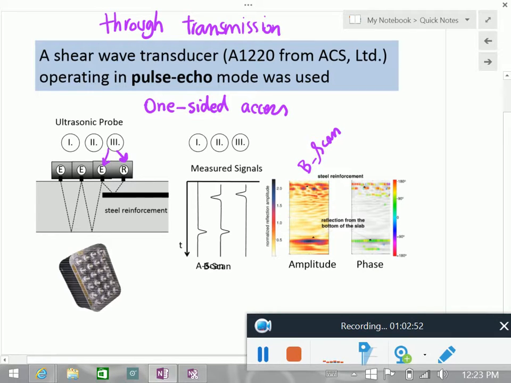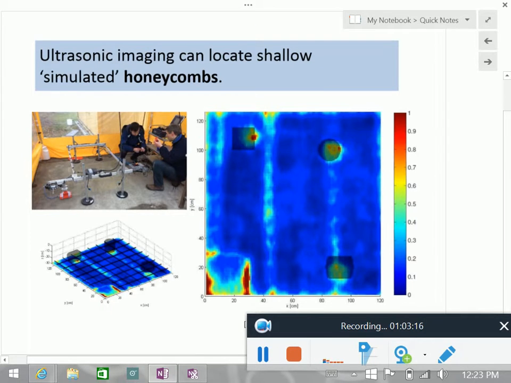Now, if we know what the thickness is, you can also calculate the velocity. It's easy. You know what the path is. If you know the thickness, you know where your sender and receivers are, you can get the velocity. What we did for this honeycomb project was doing exactly that.